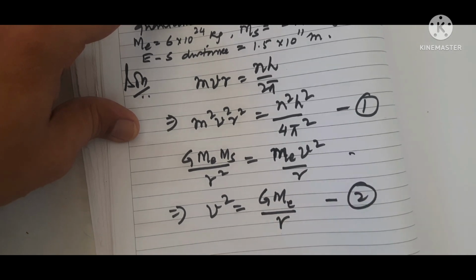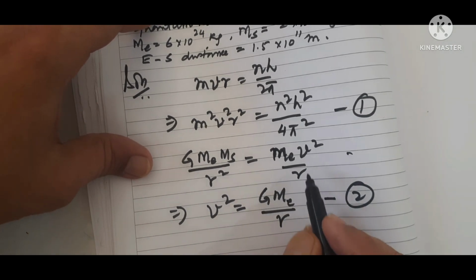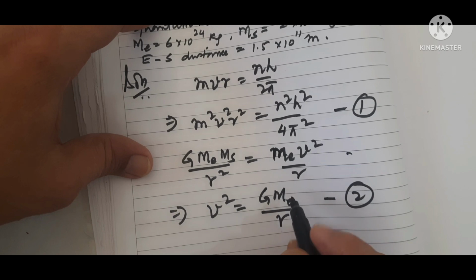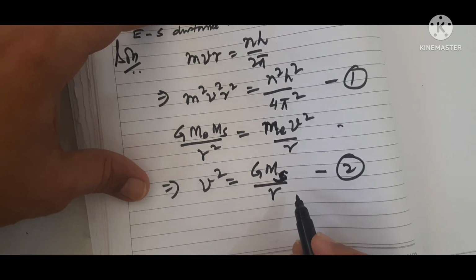That is the equation number 2. Here it should be v square is equal to G times mass of the sun by r. That should be the another equation.